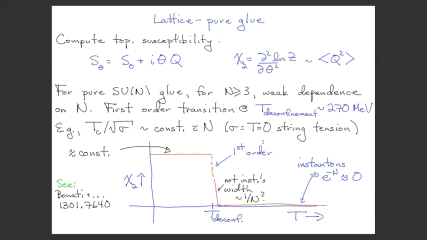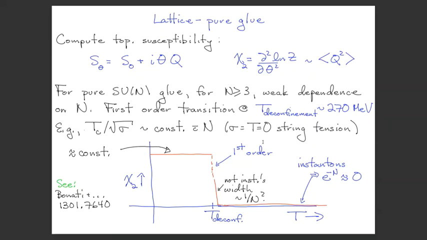Okay, you can also compute the topological susceptibility. You add a term proportional to theta times Q, and you measure the value of Q squared basically. And what you find, this is work done by Claudio Bonati, Massimo D'Elia et al. from 2013, is that at least in the limit of large N, so this is pure gauge, large N, there's first of all a weak dependence on N, and I'll show this later, that the susceptibility appears to be constant in the confined phase and non-zero, it's of order 1.